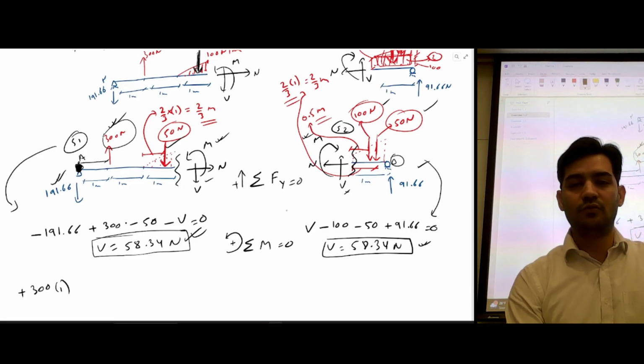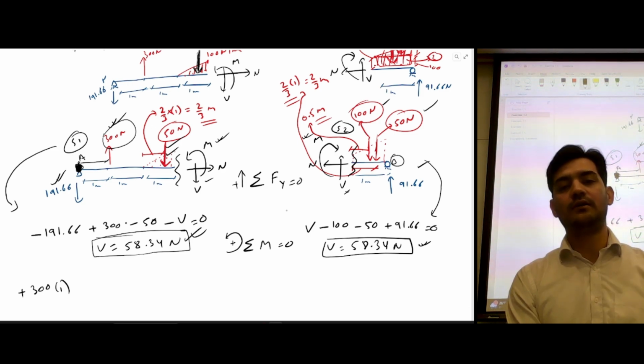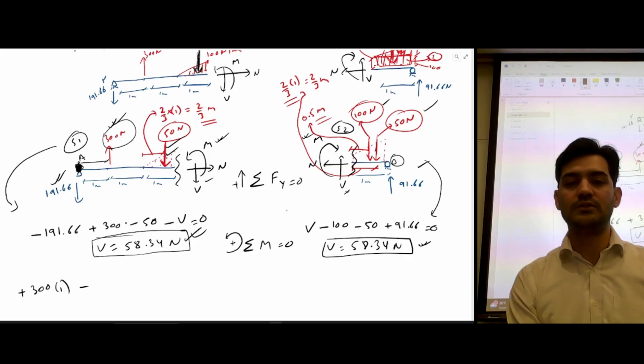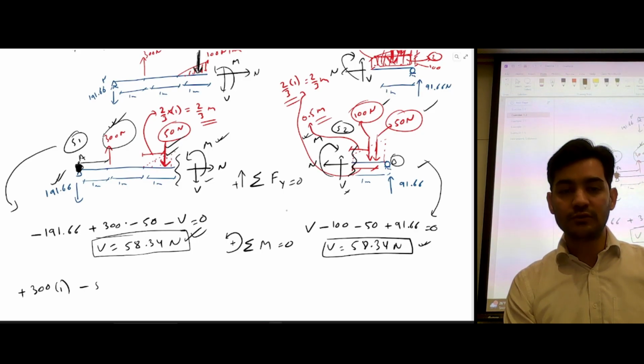And then we have another force which is going to cause clockwise rotation. So clockwise is negative because it's going to make a clockwise rotation at the point A. So it's negative, force is 50.